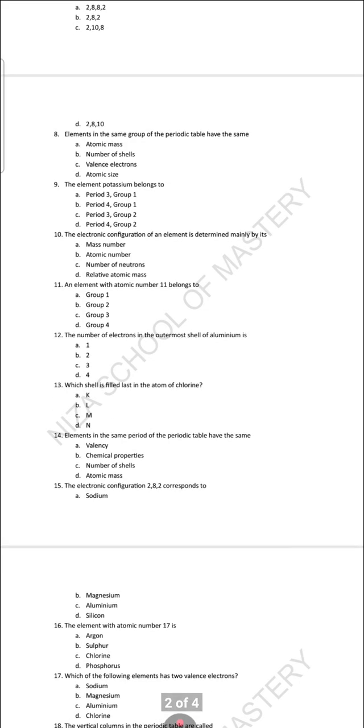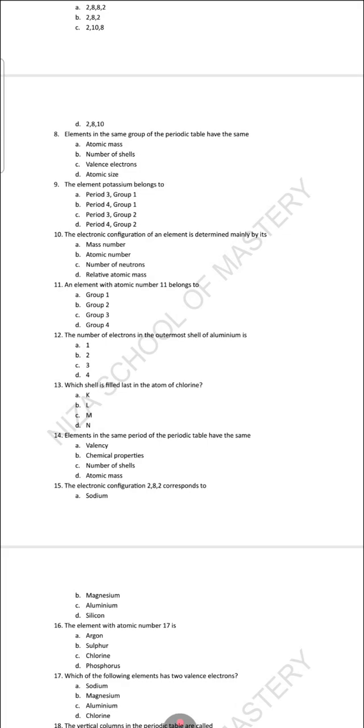Number 10, the electronic configuration of an element is determined mainly by its atomic number. That's how you know the electronic configuration, because the atomic number is the number of protons and also the number of electrons.